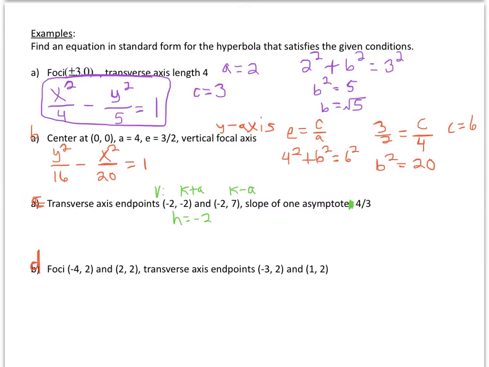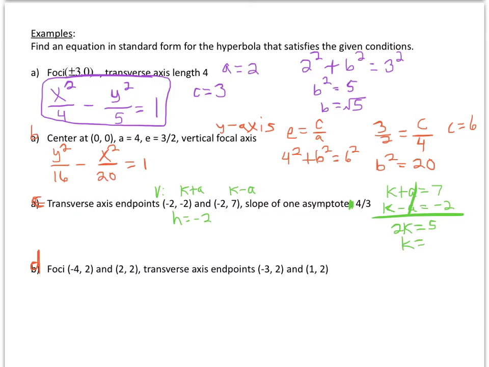And so we can set up a system for that, and it doesn't matter which way you go. But if you wanted to make the plus the one that's 7 and the minus the one that's -2, because why not, then go for it. So that would be 2k equals 5.